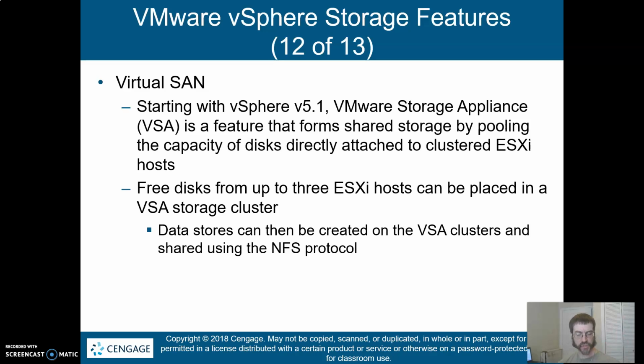So not just the available storage on a single machine, but perhaps whatever was available on multiple machines. You could take up to 3 ESXi hosts, put them in a storage cluster, build your data store on those clusters, and access those using NFS. So that's one of the other differences: NFS versus VMFS.